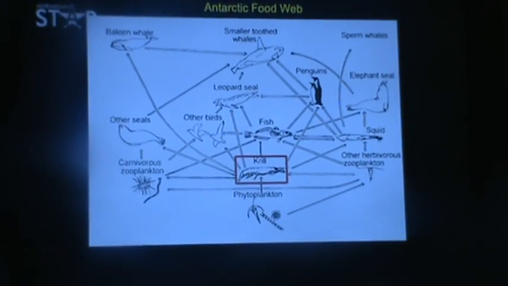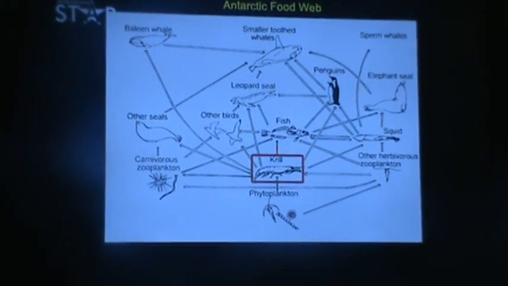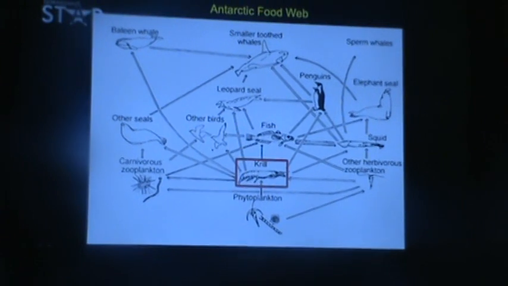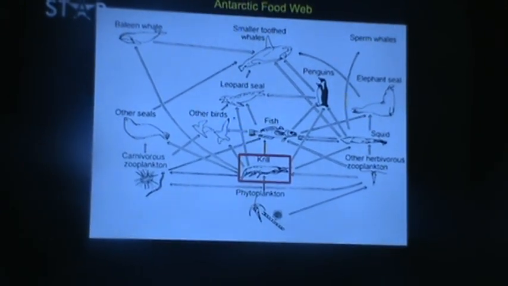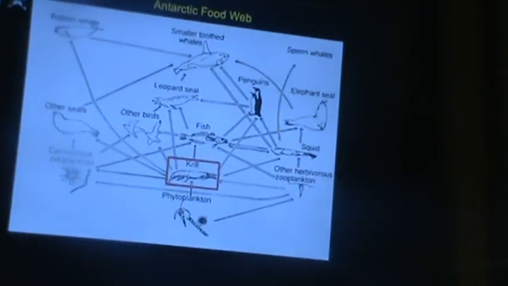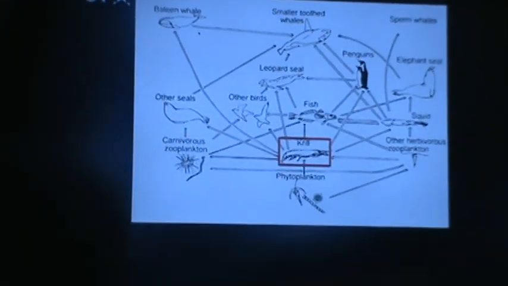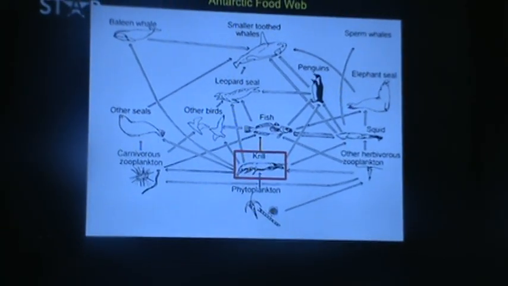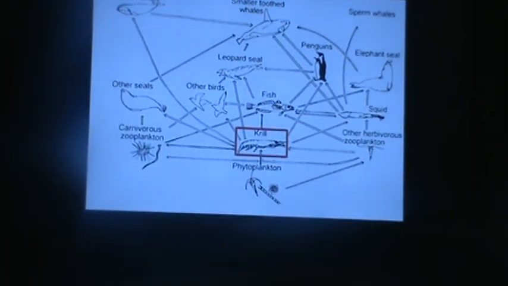And the krill feed on the phytoplankton, and you can see in this illustration the krill are the food source for many seals, birds, fish, squid, elephant seals, penguins, some of the baleen whales, and some of the smaller toothed whales all rely on the krill.